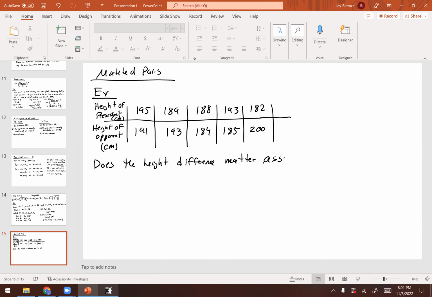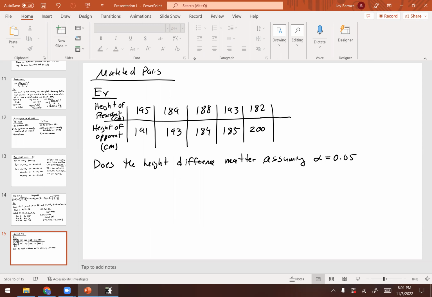Assuming alpha equals 0.05. So in the chat for me, just type real quickly, because this is going to be the most important thing. Is this a two sample independent or is this a matched pairs? Well, hopefully it's obvious, right?